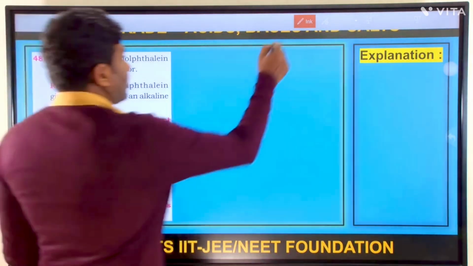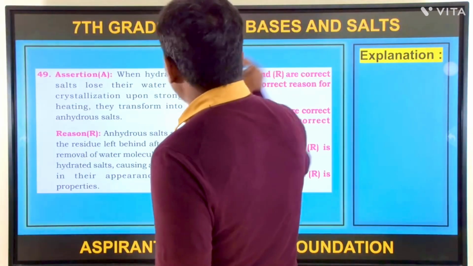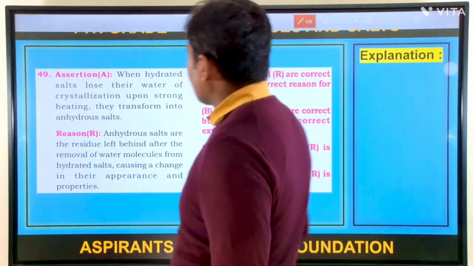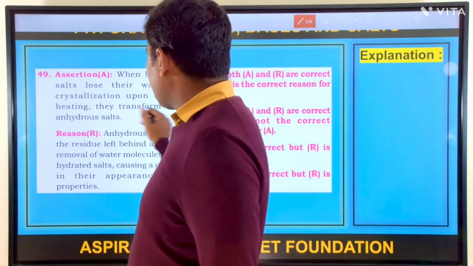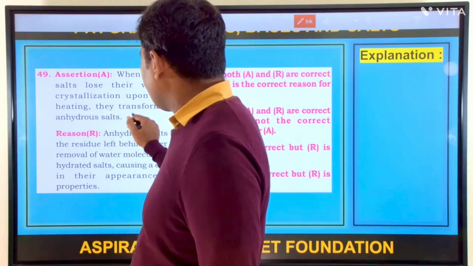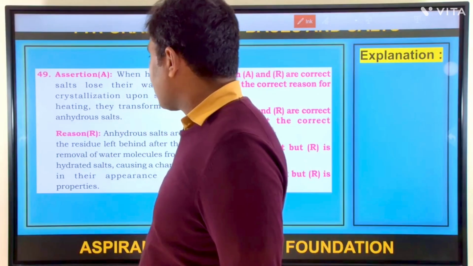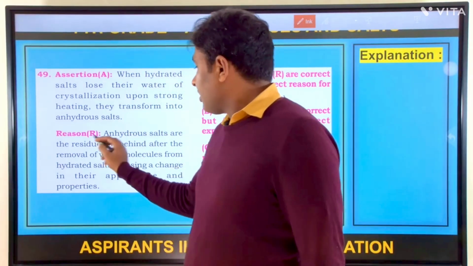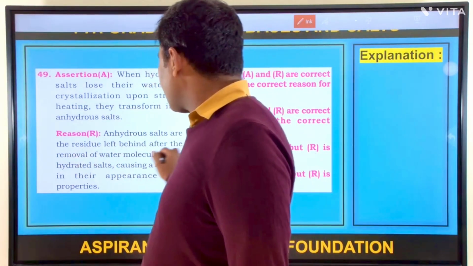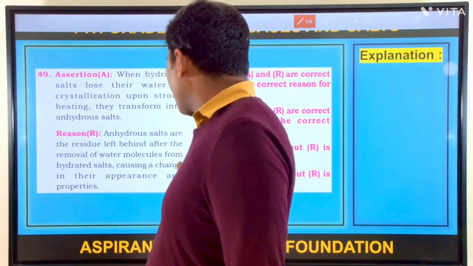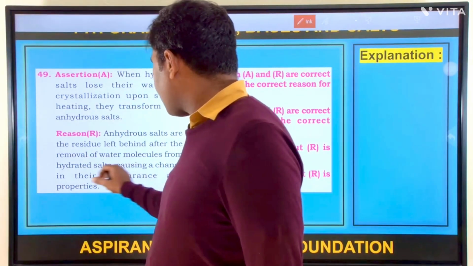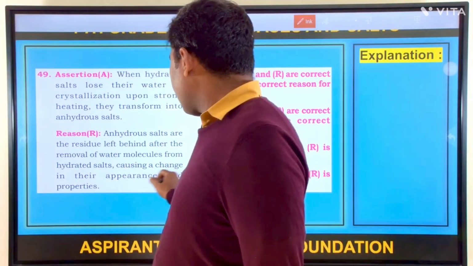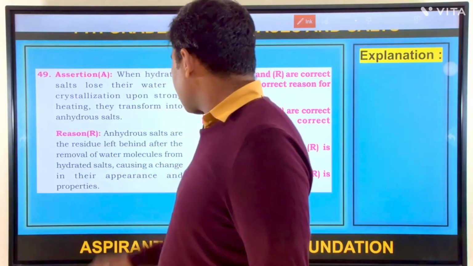Now we go to the next question. When hydrated salts lose their water of crystallization upon strong heating, they transform into anhydrous salts. Yes. Reason: anhydrous salts are the residue left behind after the removal of water molecules from hydrated salts, causing a change in their appearance and properties.